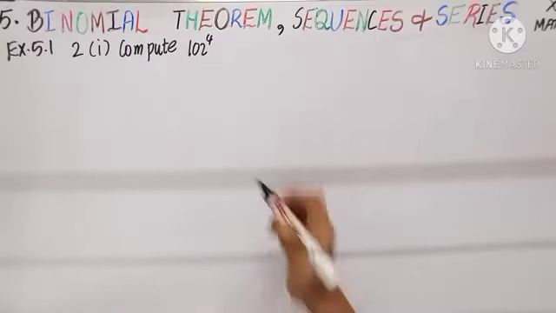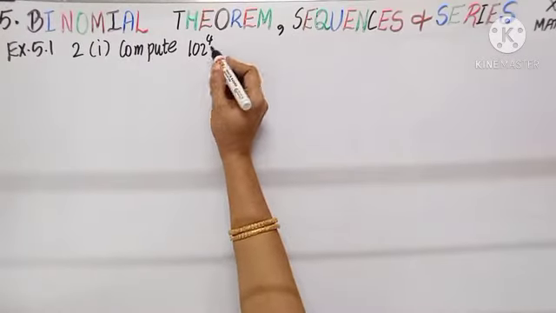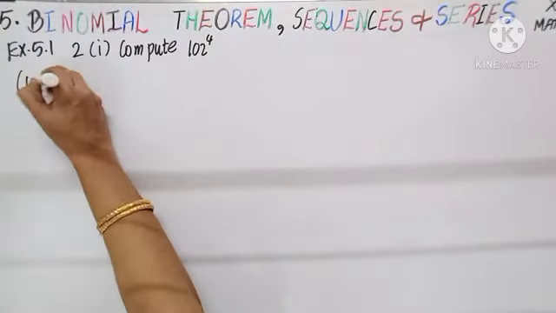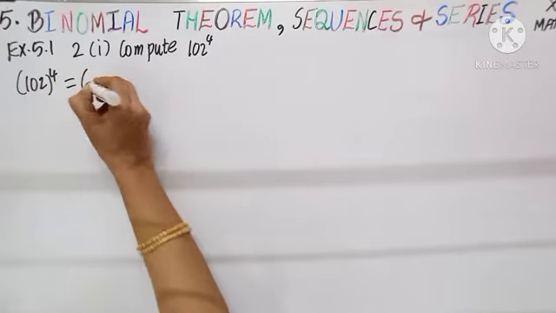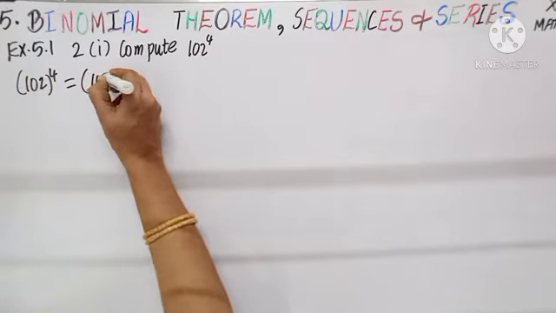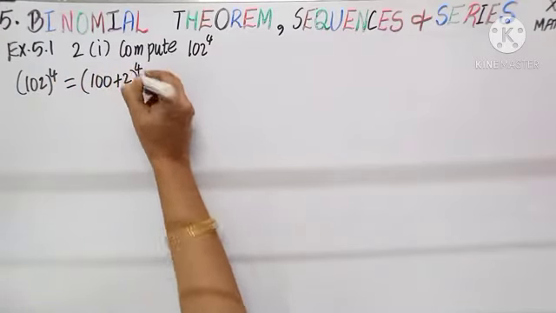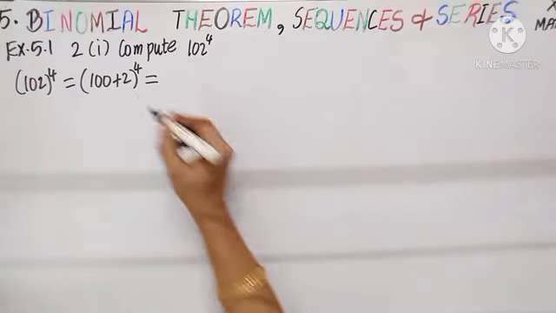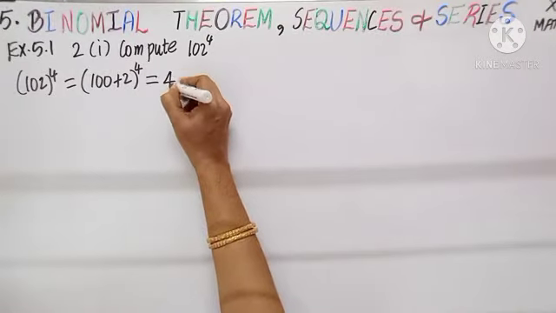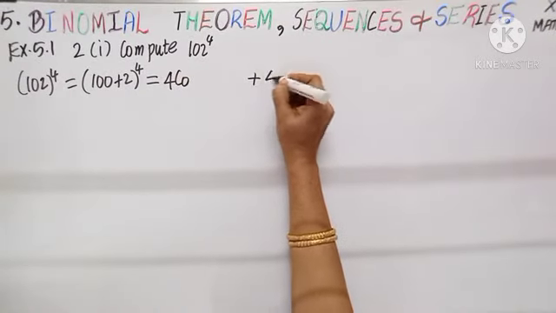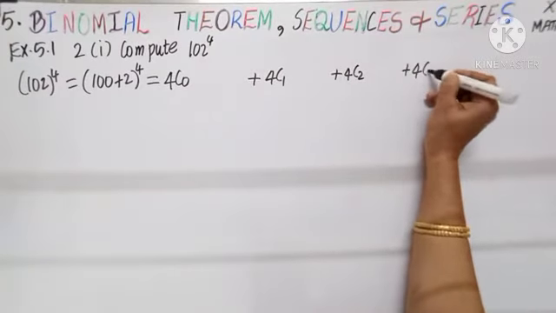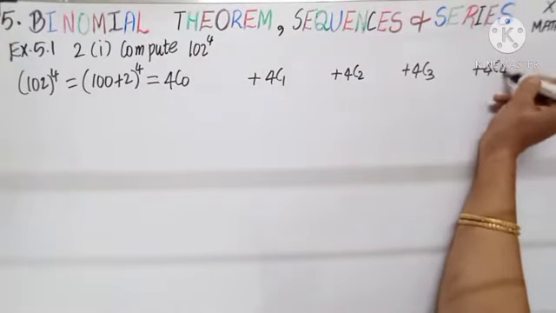Second question, compute 102 power 4. Using binomial, how shall we write 102? Some easy number expansion. So I can write 100 plus 2 the whole power 4. Whenever the power is 4, 4c0, 4c1, 4c2, 4c3, 4c4.